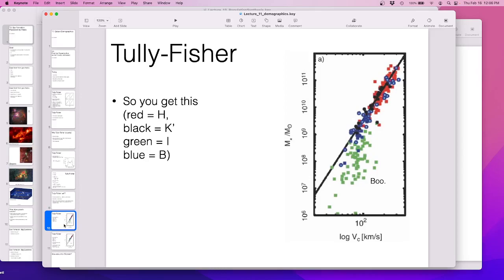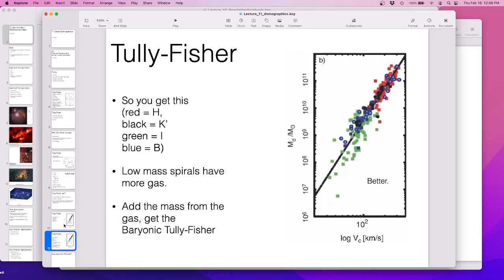But if we add all the gas, so instead of just the mass from the starlight, we do a radio measurement and we add the mass of the gas as well, we get a better match, right? So this is a much better match. So this is now the total mass versus the central velocity, and we see that this is a much better fit. The people who do MOND claim victory with this. I don't know if they really get to, but they do.